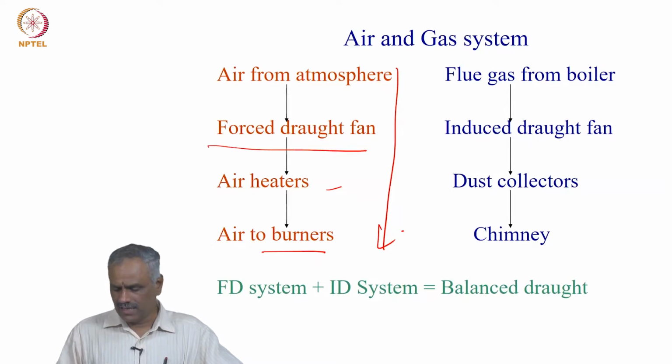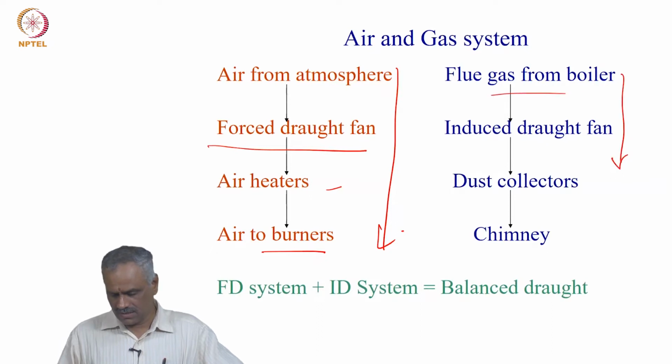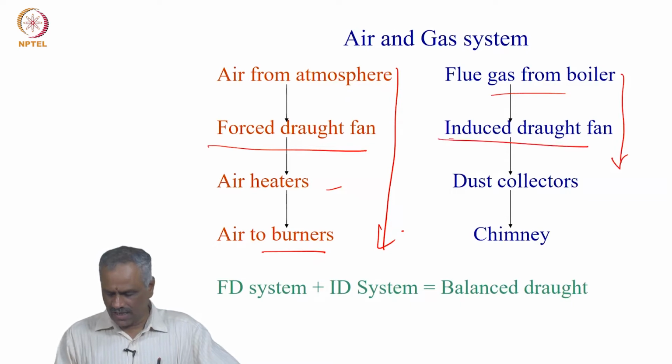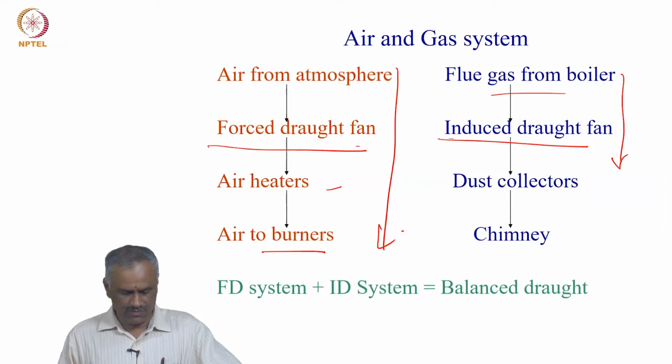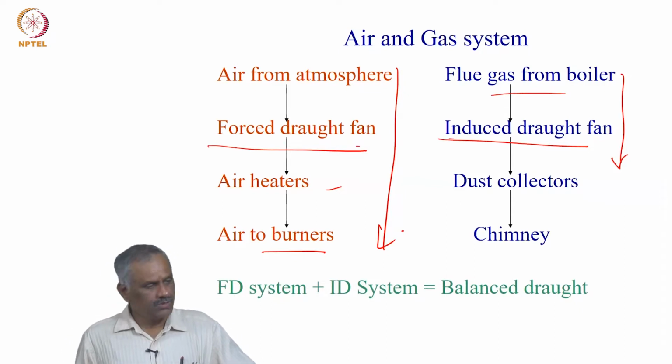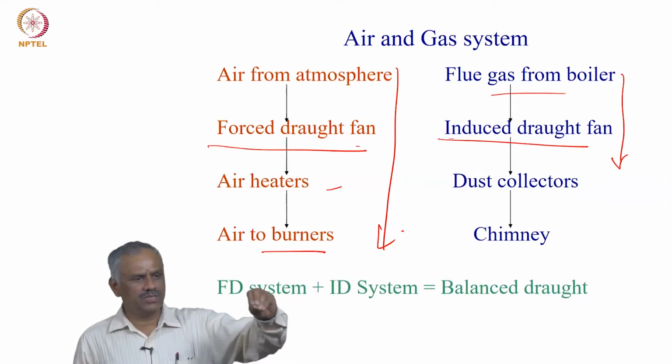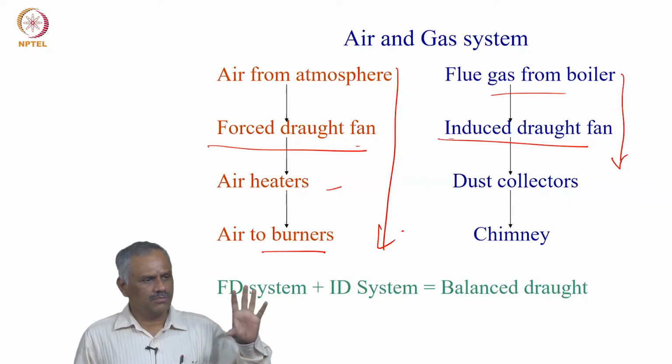The other side is that once the fuel and air are burnt, it becomes flue gases plus air. So the mass handled by the induced draft fan is much higher than by the forced draft fan. The forced draft fan takes air and admits it into the furnace, but this fan handles low temperature fluid.